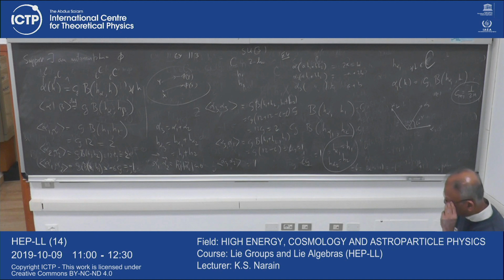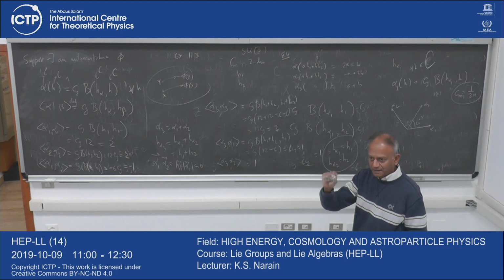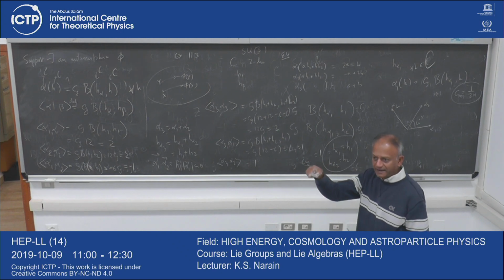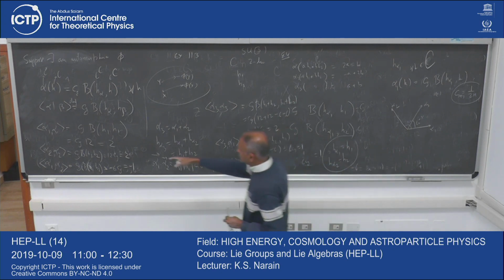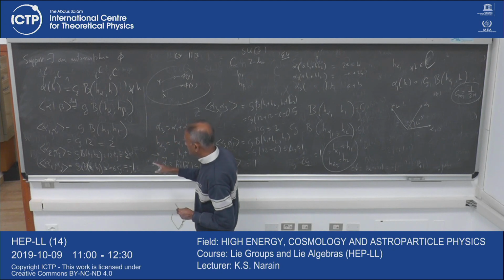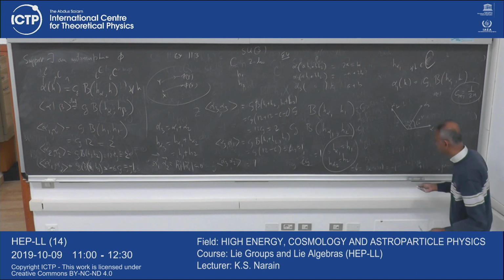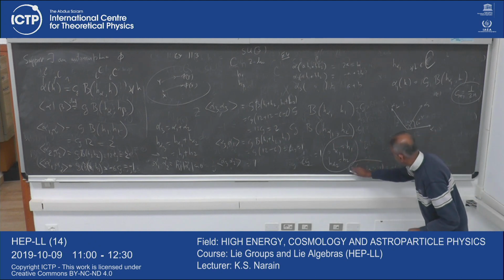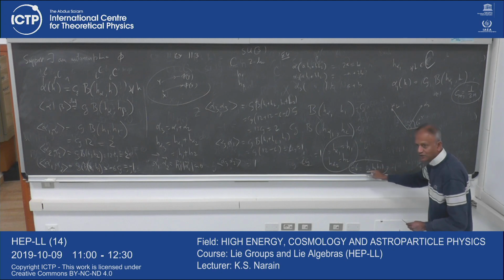The only thing is, what happens if I had chosen another basis, H1 and Y, or lambda 3 and lambda 8, instead of this basis? In this basis, b(H1, H2) is not 0. b(H1, H2) was minus 6, right? So this means that H1 and H2 are not orthogonal.